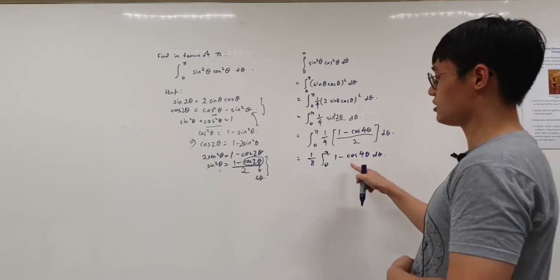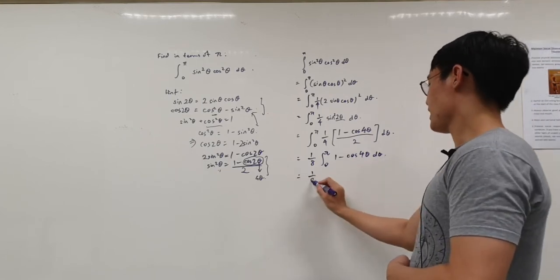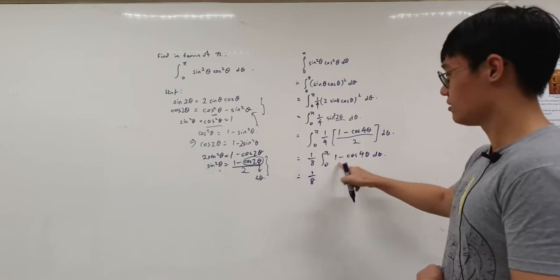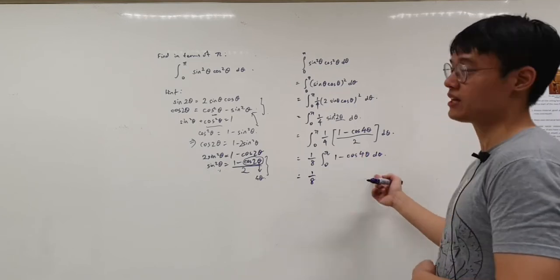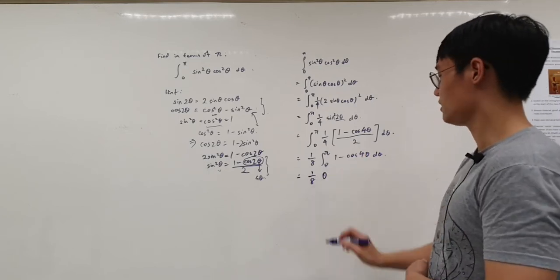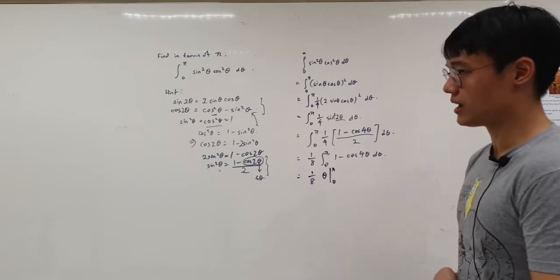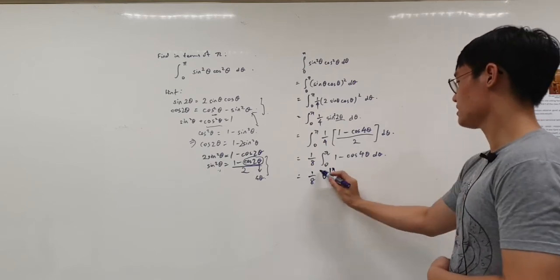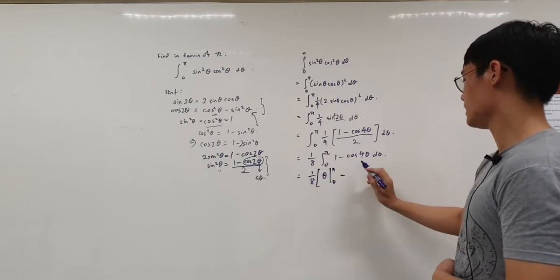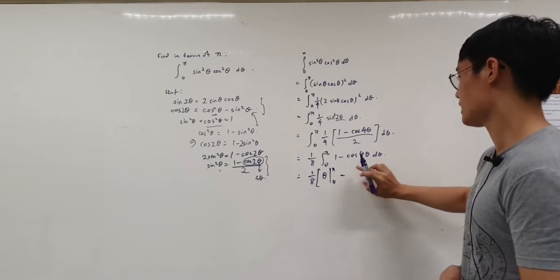Now this is very easy to integrate. So 1 over 8. Integrate 1 with respect to theta is theta. Then I can put the pi and 0 over here, minus the integral of cosine 4 theta.